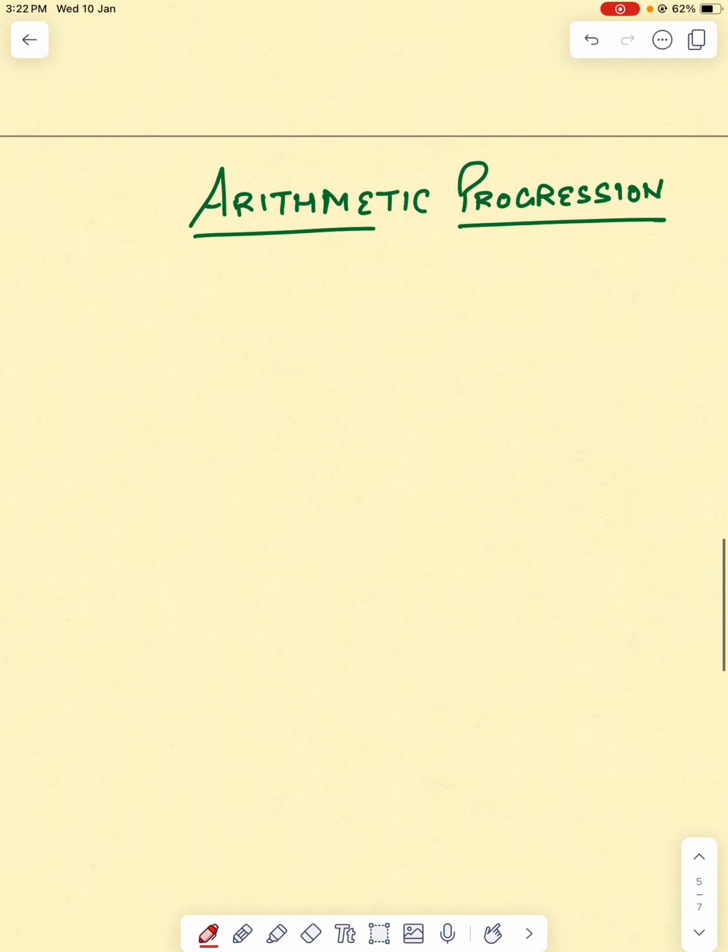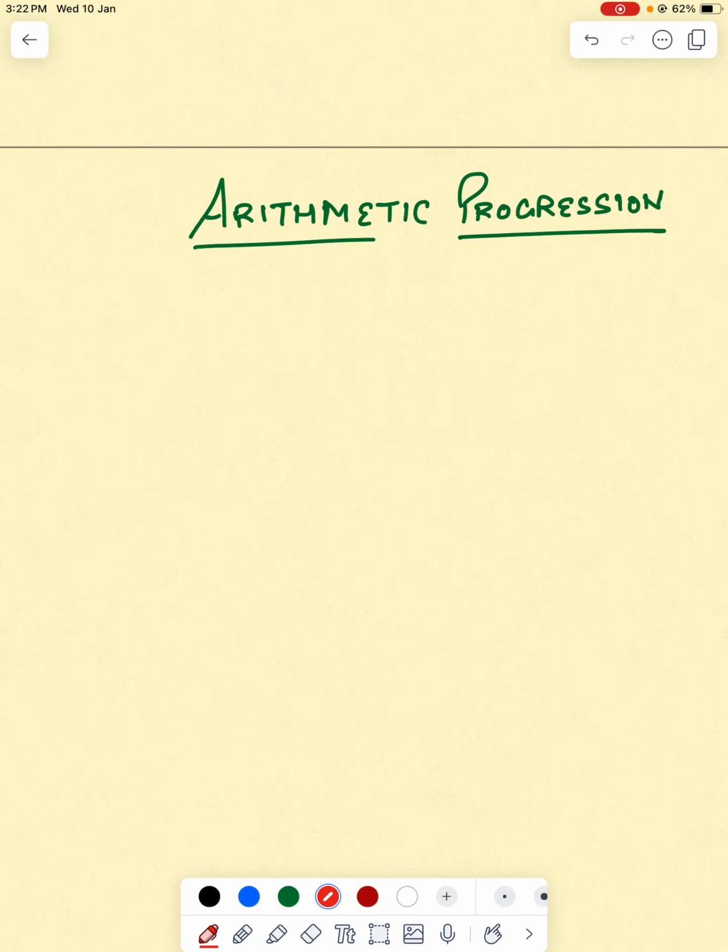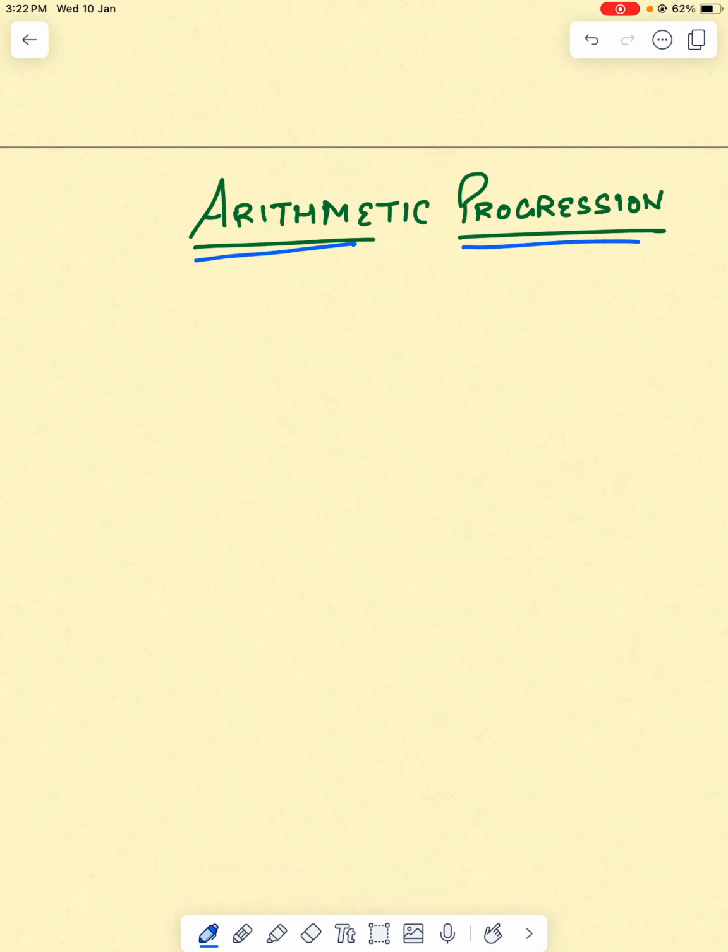Okay, now the next part of our discussion is the arithmetic progression. What is this?